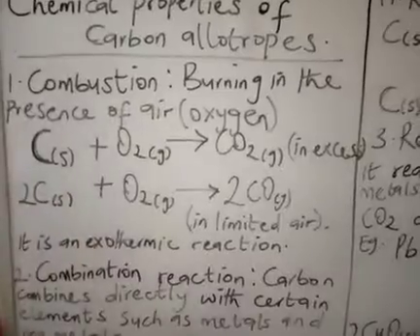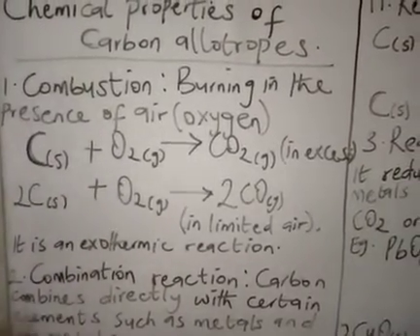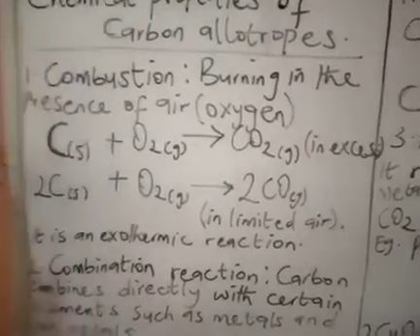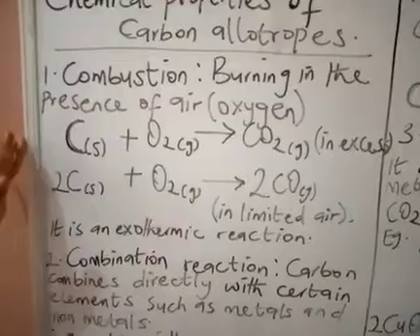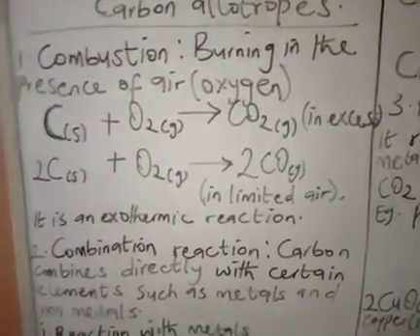Now, the first one is combustion. When we talk about combustion, we're talking about burning: heating in the presence of air or oxygen. Of course, when your mom is cooking with firewood, there's always air.